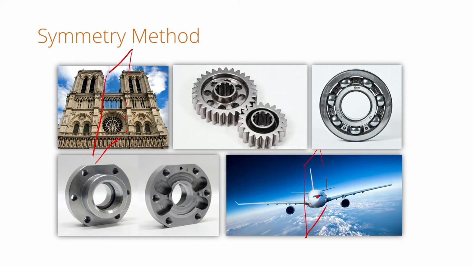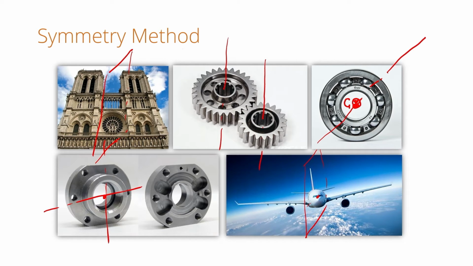If a body has a symmetry axis, then the center of gravity lies in the symmetry axis. If a body has two symmetry axes, then naturally, the center of gravity lies at the intersection of these axes.